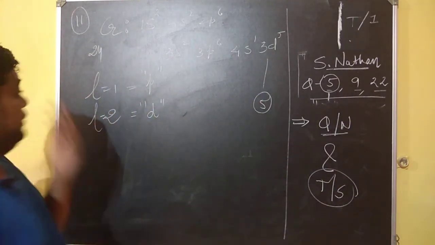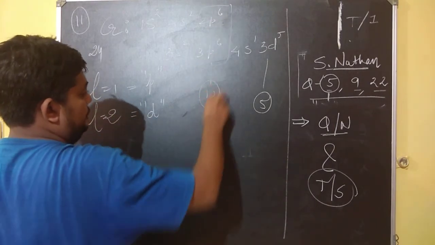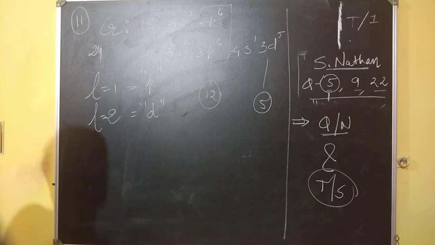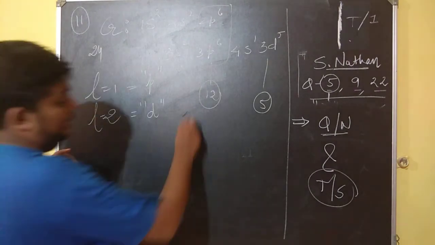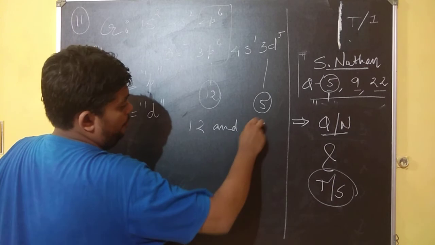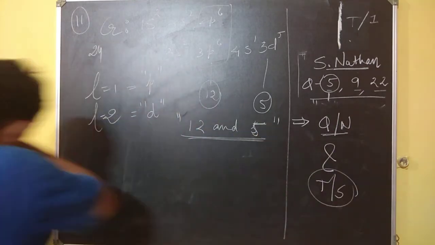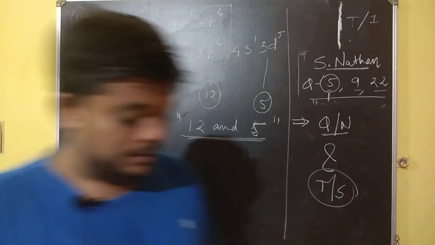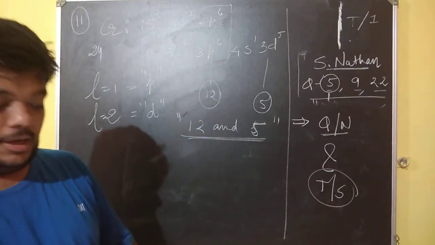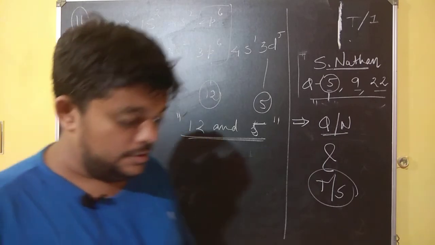In the p subshell, there are 12 electrons. So for this question, my answer has to be 12 and 5. I have seen this question in one of the competitive exams conducted a few years back. So these are the questions that are generally asked. Always be aware of these questions.